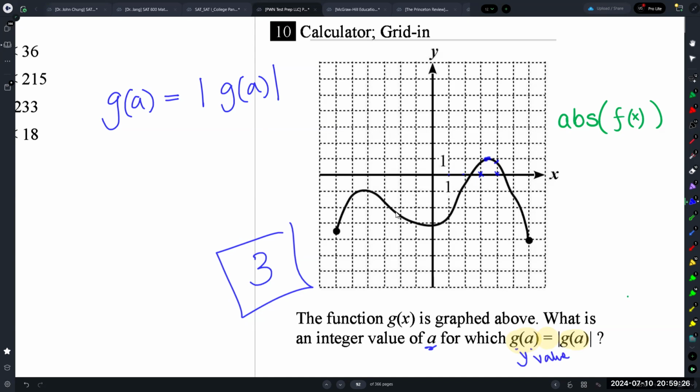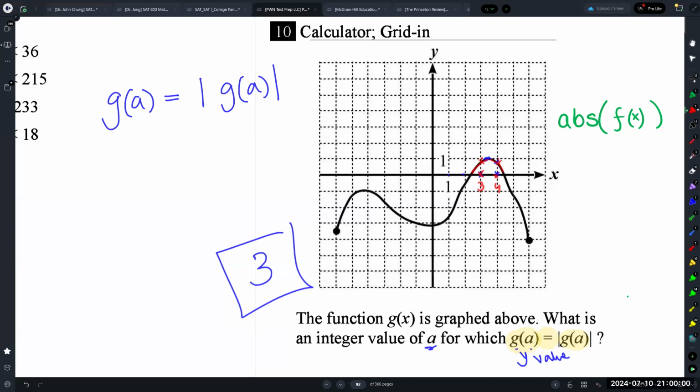So what it means is that you only focus on this part, the part that is already positive, because making it positive does not change it. It still is positive. Taking a modulus does not change it at all. So the answer is the X value 3 or the X value 4, the integer value 3 or the integer value 4 give you a positive response.